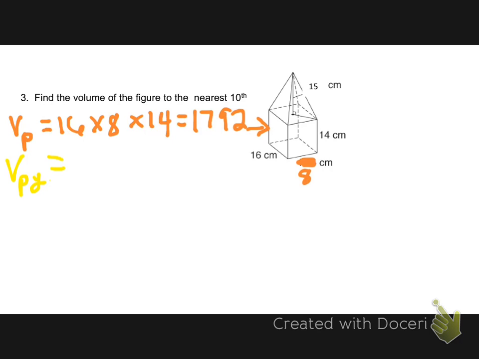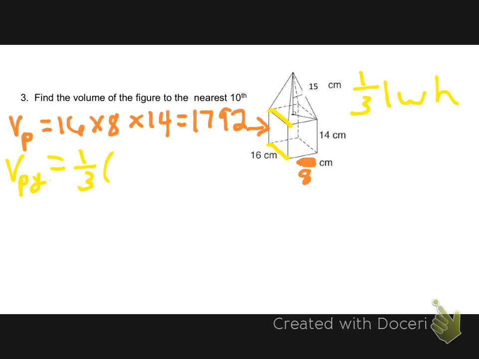So the volume of the pyramid, if you remember, if you look up top, it's going to be 1/3 the length times width times height. So we've got 1/3 the length. Remember, it's going to be the same as it is down here.